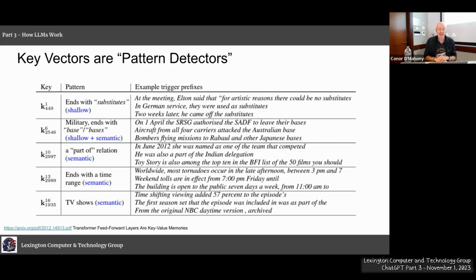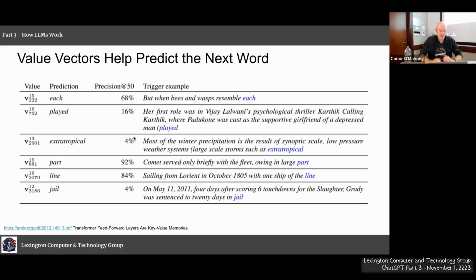They will identify patterns in the input, and there are some examples here, which is kind of interesting. They've also found that the value vectors help predict the next word, which is their intention. So that's good. There are some examples that demonstrate that, and they go into the details of how they were able to identify that from the neural network.